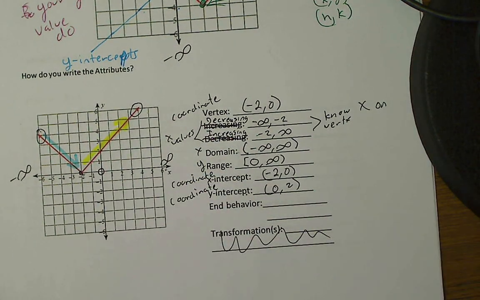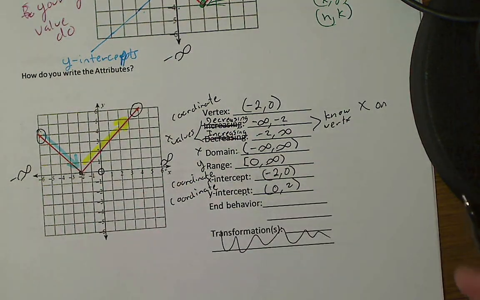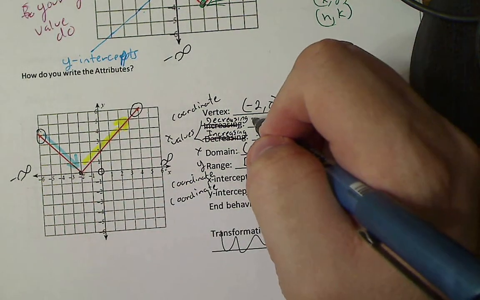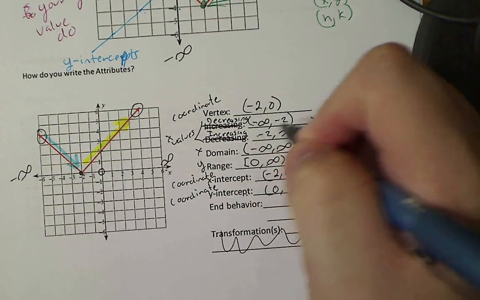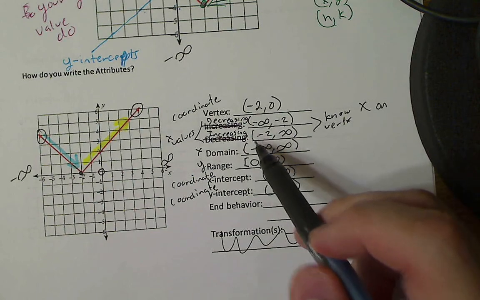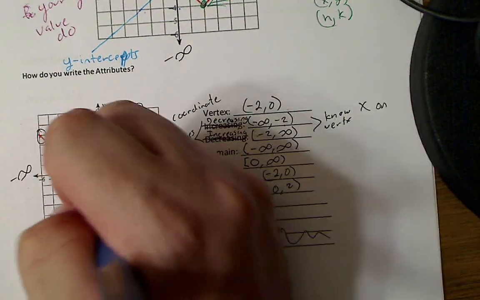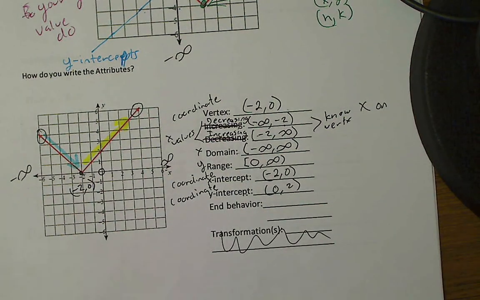Now, because this point is an actual vertex point, there's always some kind of debate on how you write these notations. You use parentheses because at the actual point (-2, 0) you're essentially stopping. There's no increase or decrease.